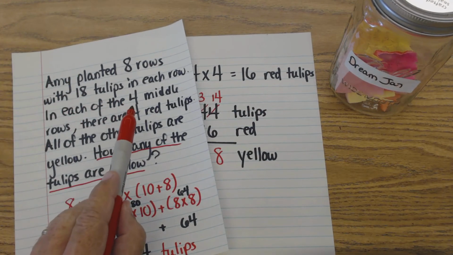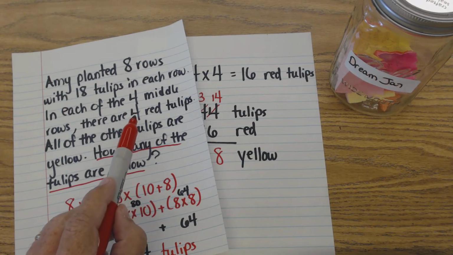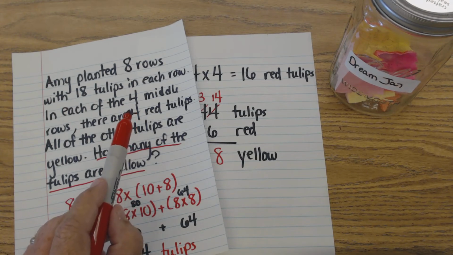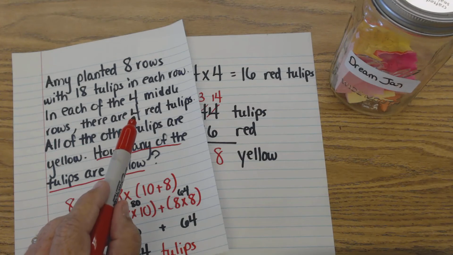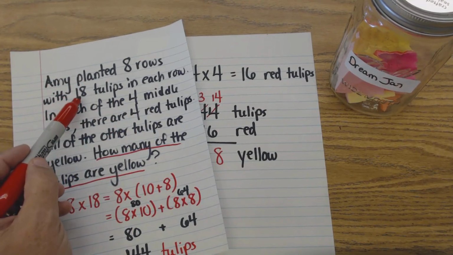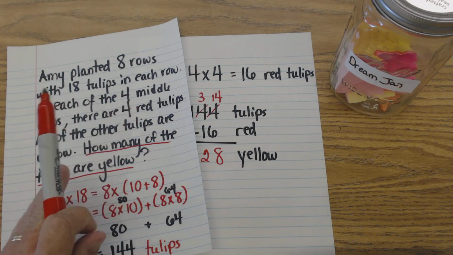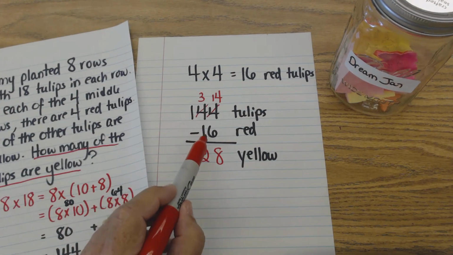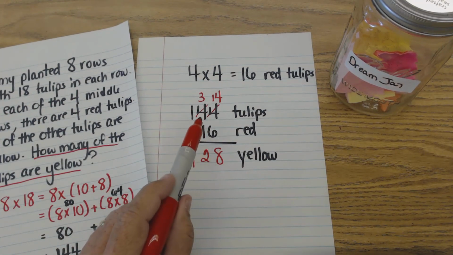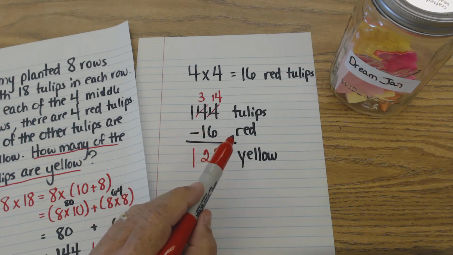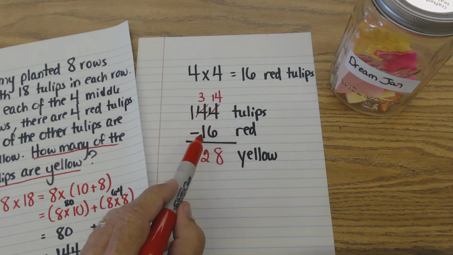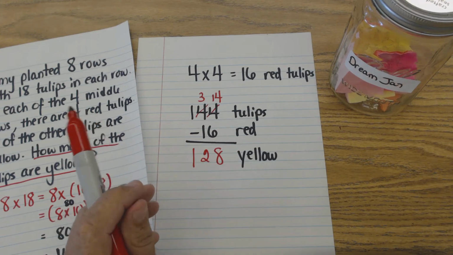It said 4 rows had 4 red tulips in them. There would be 16 red tulips. Well, if there's only red and yellow tulips, if we subtract out the red, that will tell us how many yellow there are.